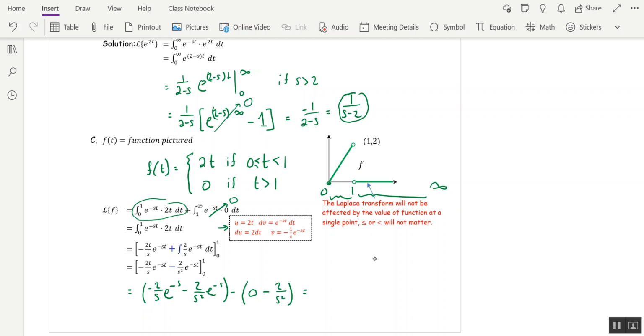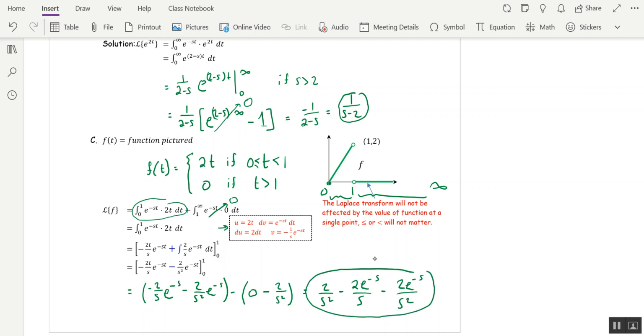So putting it all together, I get positive 2 over s squared, minus 2 e to the negative s over s, and then minus 2 e to the negative s over s squared.